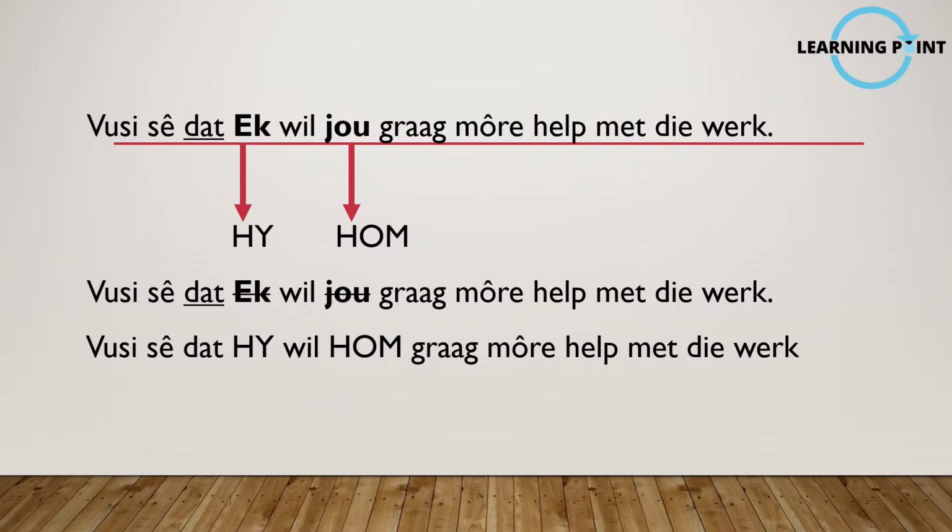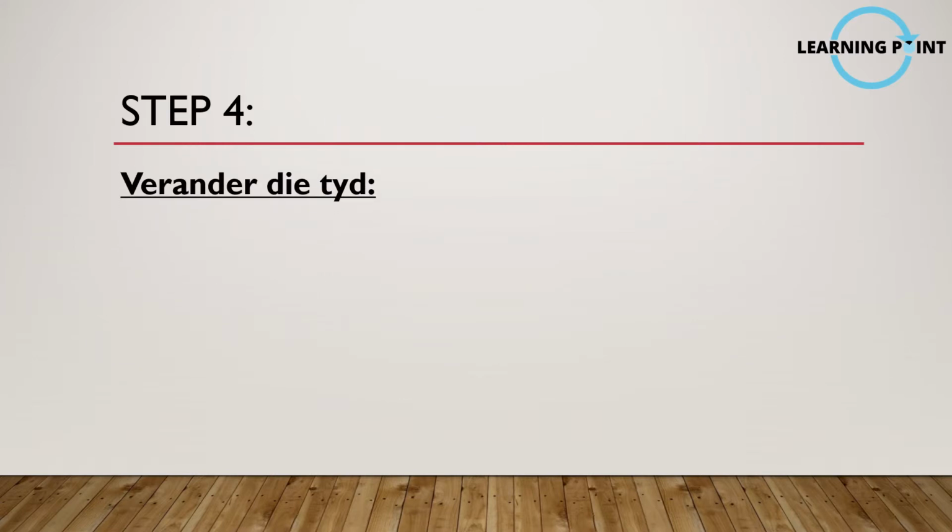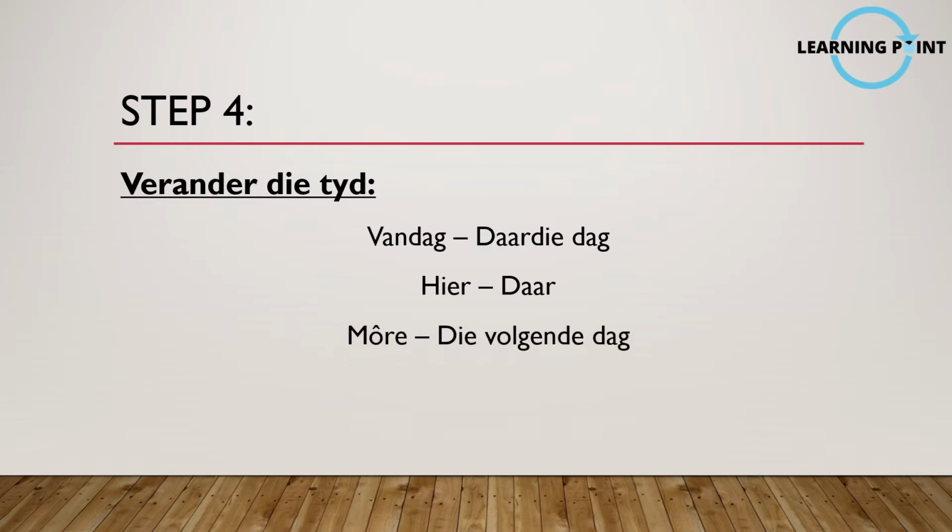Then step 4 would be to verander die tyd, to change the time. So now we're not talking about 2 o'clock, 3 o'clock, and so on. We're talking about the time words we have in the sentence. If I have vandag in my sentence, it changes into daardie dag. If I have hier, it changes into daar. If I have môre, it changes into die volgende dag.